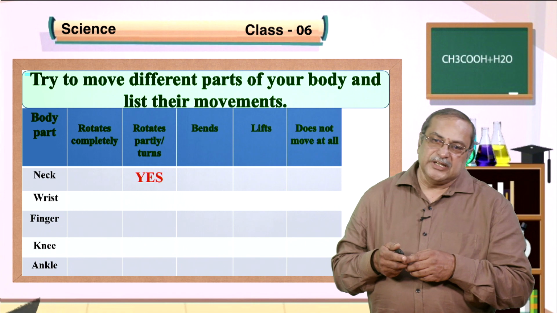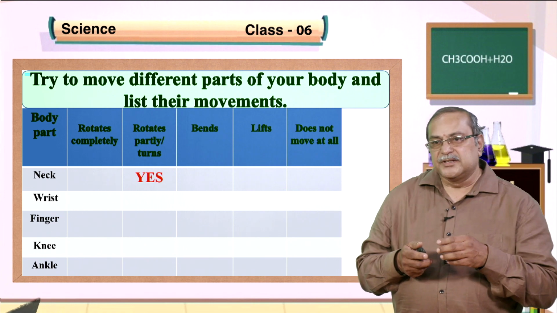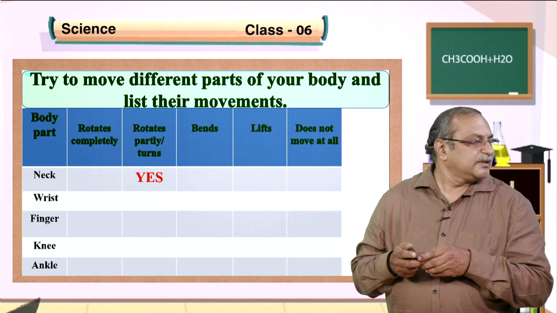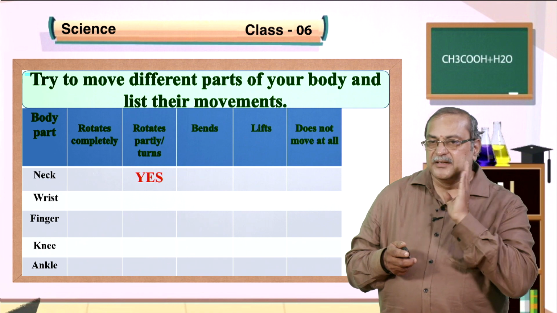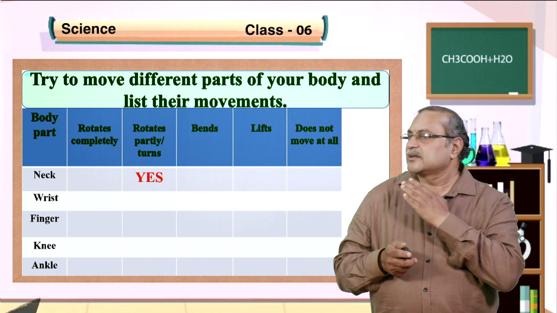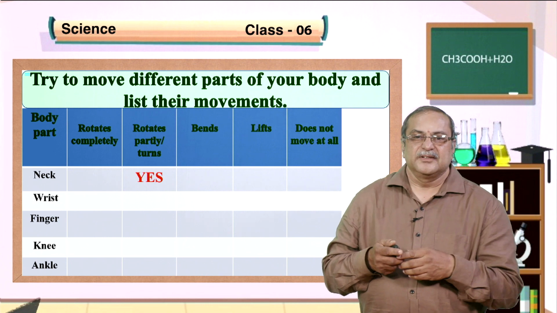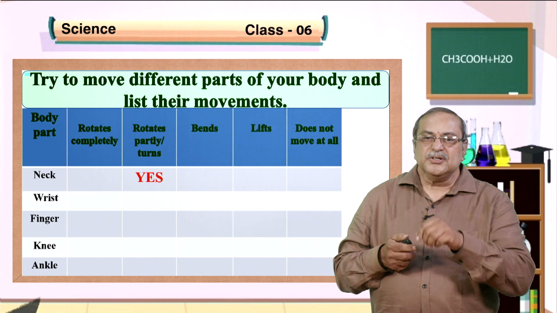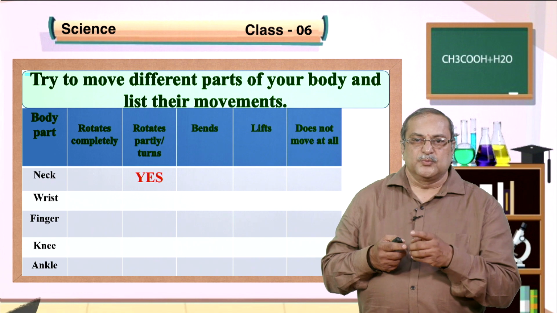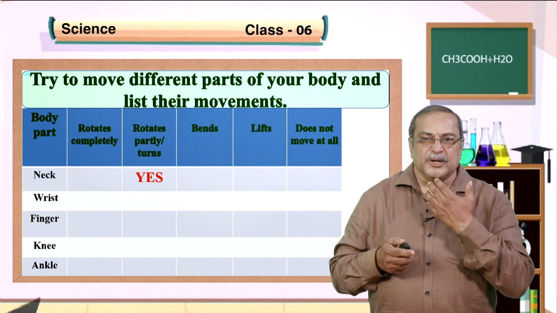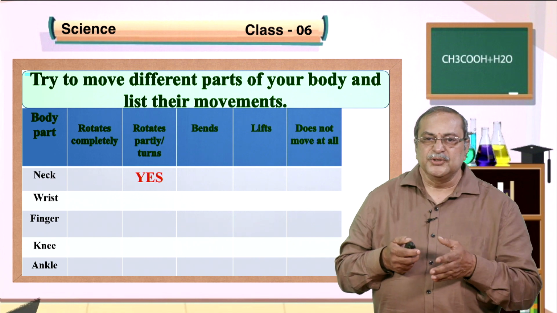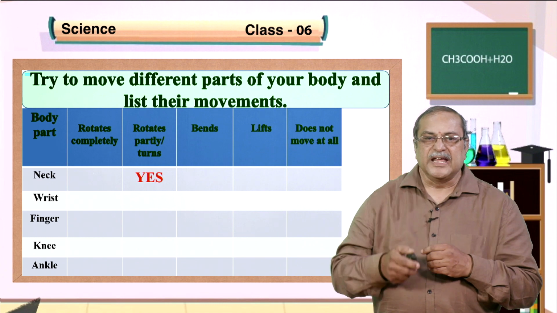Okay. Rotate completely, isn't it? It turns also, left turn, right turn. Okay. We can turn our neck, left, right, lift, bend. So all activities can be done. So you have to write them down. The last column, does not move at all, is there, but our body parts are moving, so there is no need. You can put one dash there.